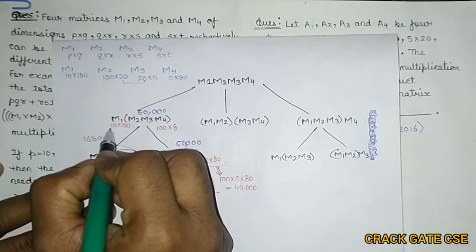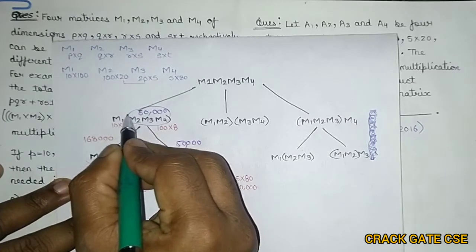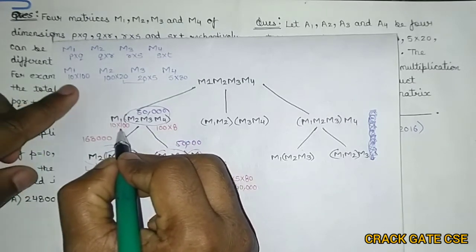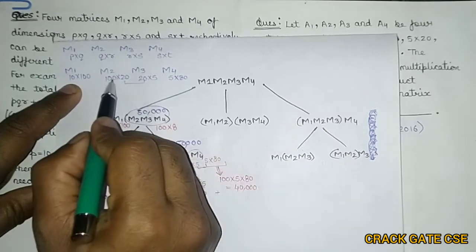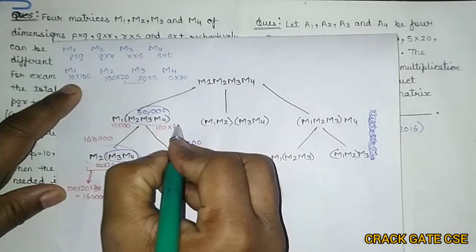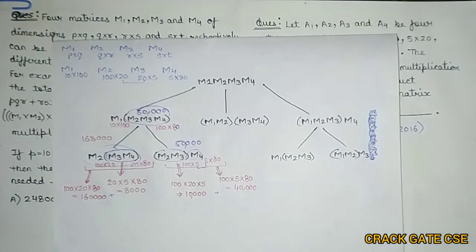Now we have to multiply this m1 with this matrix. This is having dimension as 10 into 100. We got the dimension of this particular one as 100 into 80. So this is the dimension, right? Now multiply it.